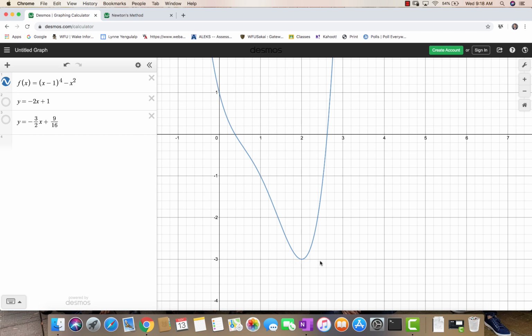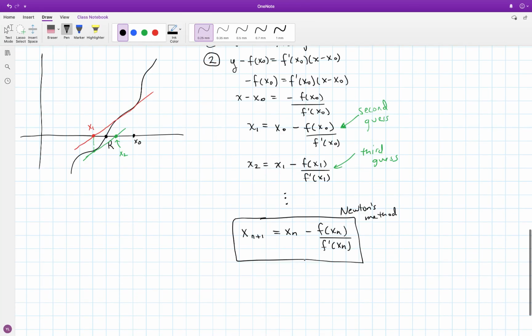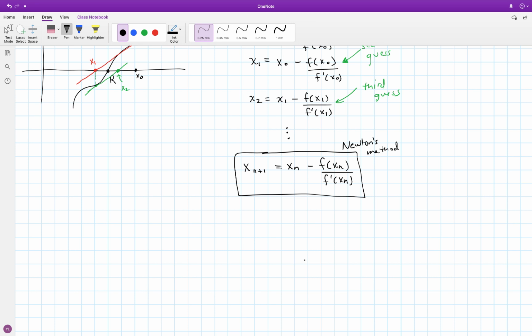But it's not going to help us find this root. Why? Because a horizontal line doesn't hit the x-axis. So unfortunately, that's just not a good first guess. The method sort of fails if you choose a bad value like that. So that's going to be our first example of what can go wrong with Newton's method.